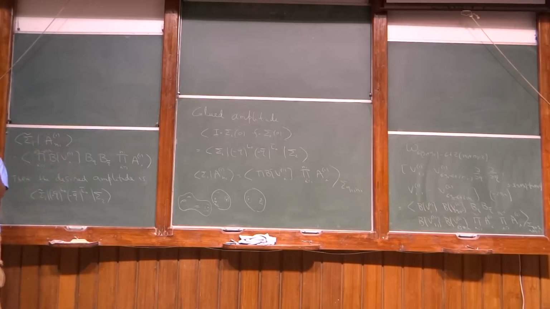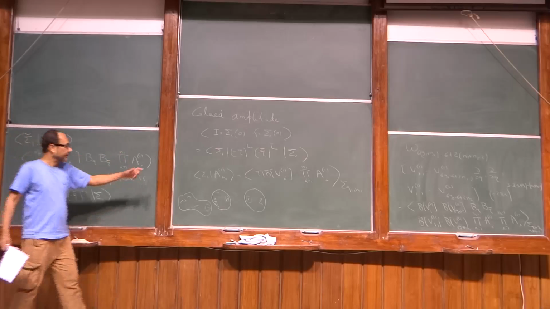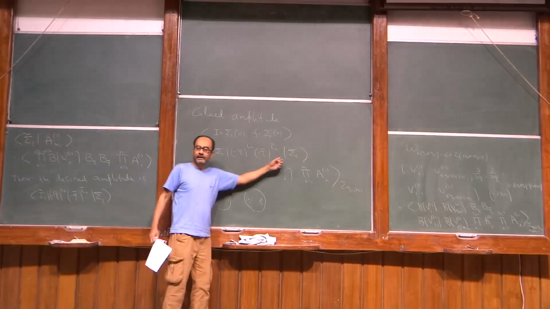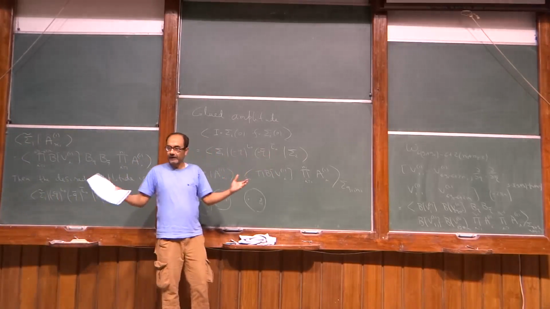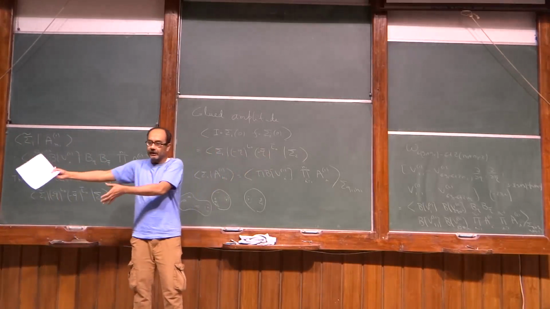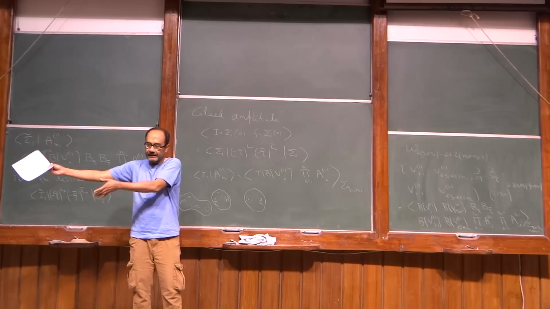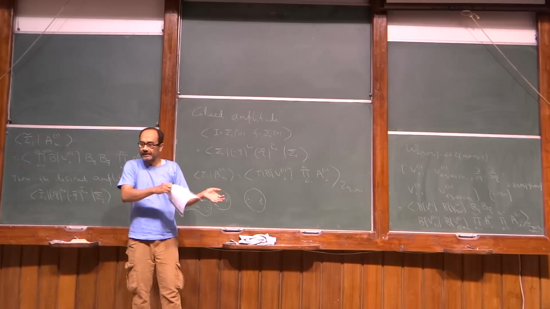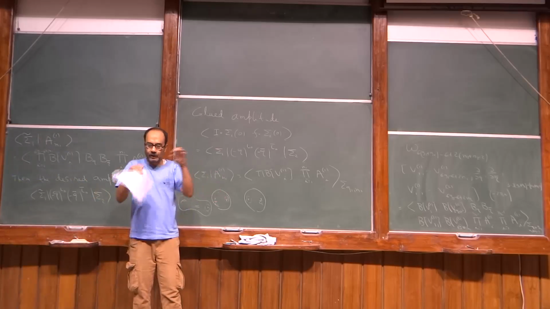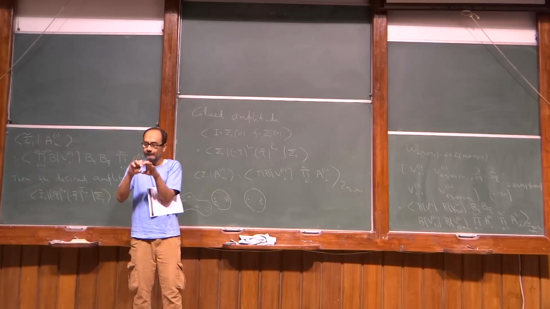Define sigma 1 and sigma 2 accordingly and then carry out this analysis. What this will give is a correlation function where the operators inserted on the first Riemann surface are on that side, the operators inserted on the second Riemann surface are on that side, but the two Riemann surfaces in the middle have been glued to make a single Riemann surface.